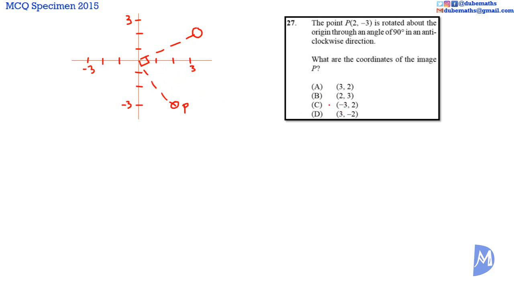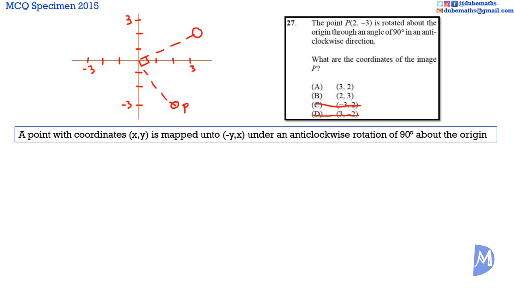So that rules out C and D. So the answer is either A or B, but which one is it? A point with coordinates x, y is mapped onto -y, x under an anti-clockwise rotation of 90 degrees about the origin. So 2, -3 would be mapped onto -y, which is -(-3), the negative of that is +3, x which is 2. So 3, 2. The answer is A.